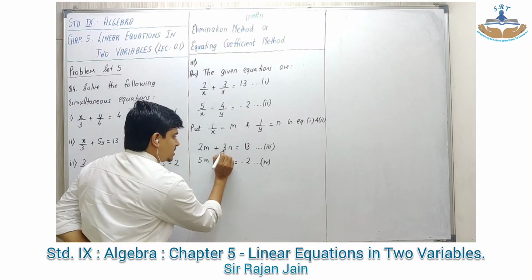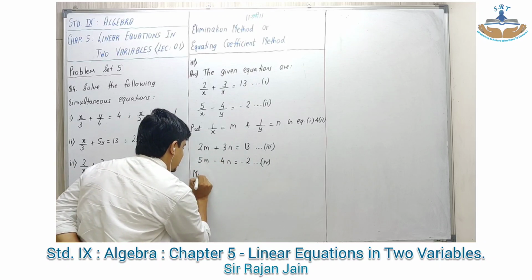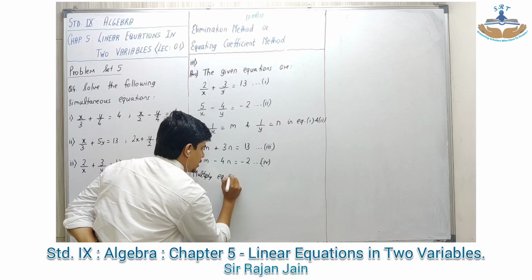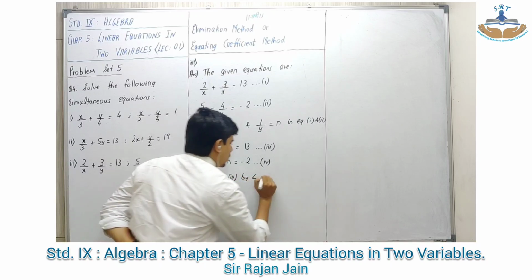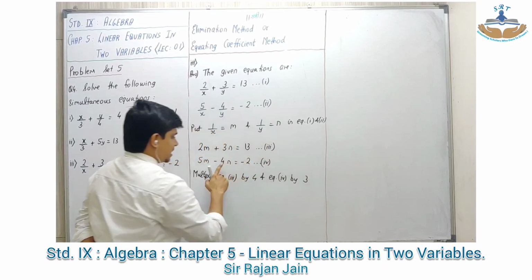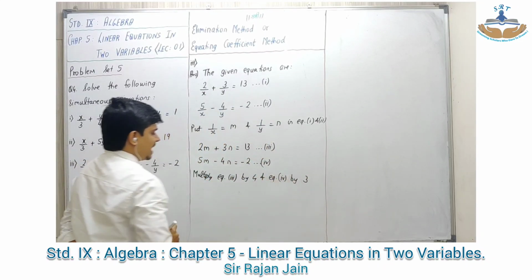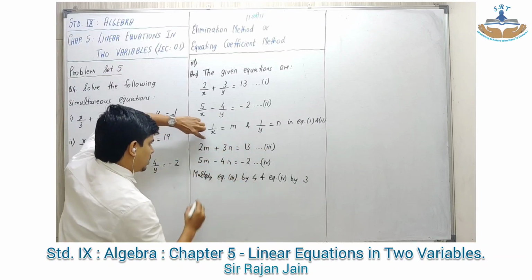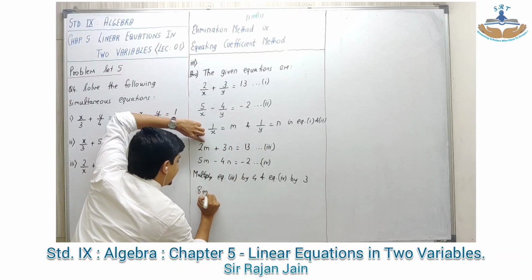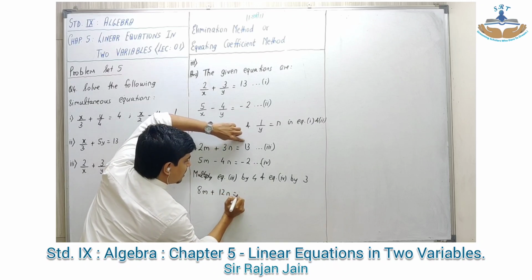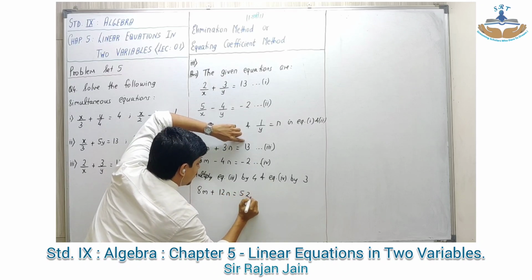So to make this 3 as 12, I will multiply equation 3 by 4 and equation 4 by 3. इसको 12 बनाने के लिए multiply by 3. Now if I multiply equation 3 by 4, ये 2m हो जाएगा 8m, plus 12n, and 13 fours will give you 52.